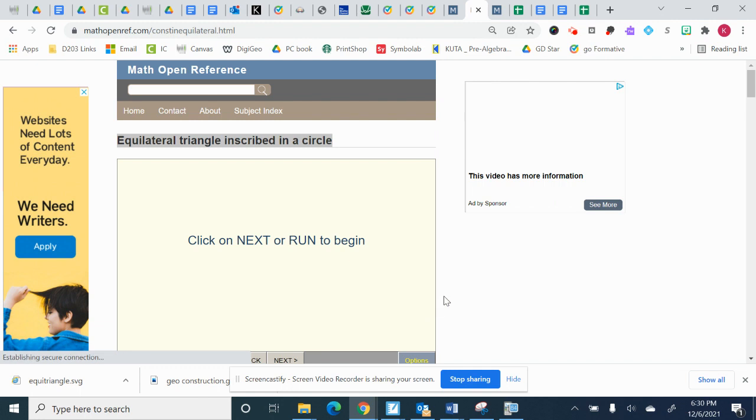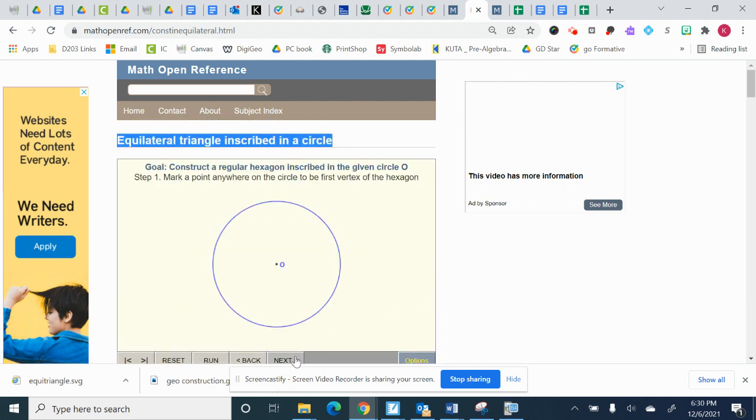We're going to do the equilateral triangle inscribed in a circle. So you make that circle. With a compass on a point, set the width to O. So similar start to the previous. And we stretch it out.